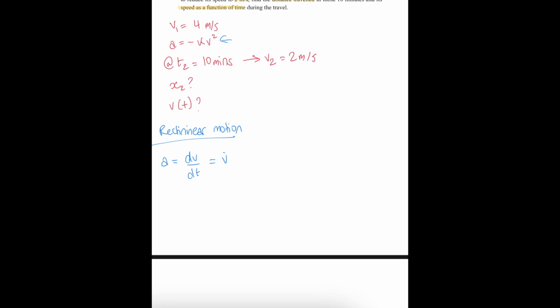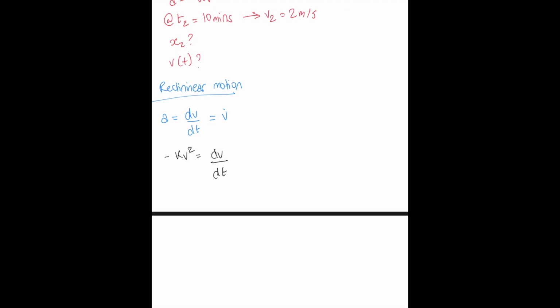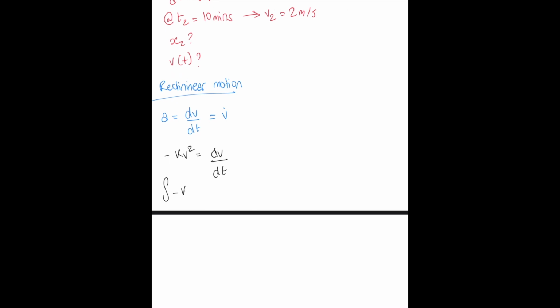So we're going to substitute our a with minus kv squared equal to dv over dt. And then we're going to find the integral of minus k with respect to t equal to the integral of 1 over v squared with respect to v.